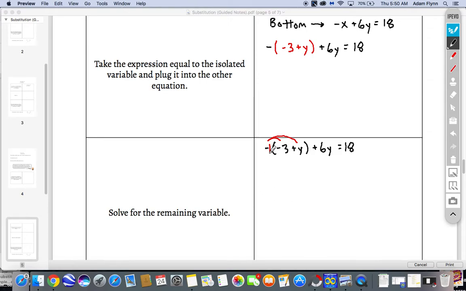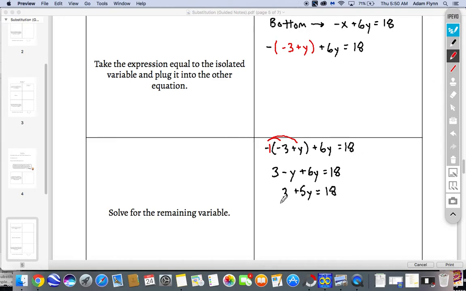So if I multiply here, I've got -1 times -3, which is going to be a +3. -1 times y is going to be a -y. And then the plus 6y equals 18. If I continue to solve, -y plus 6y, that's going to be +5y, and then I'll bring down everything else. So I've got this 3 equals 18.